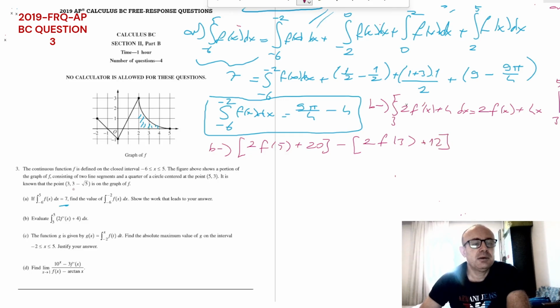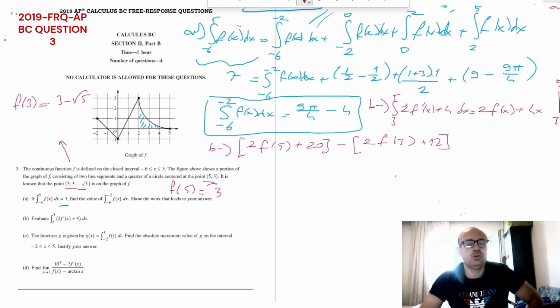And remember here, it's given that the point (3, 3 minus root 5) is on the graph of f, meaning that f brings the x coordinate to the y coordinate. f of 3 is equal to 3 minus root 5. And we also know that f of 5 is 3.